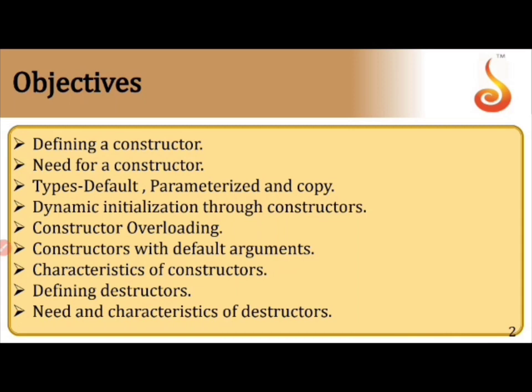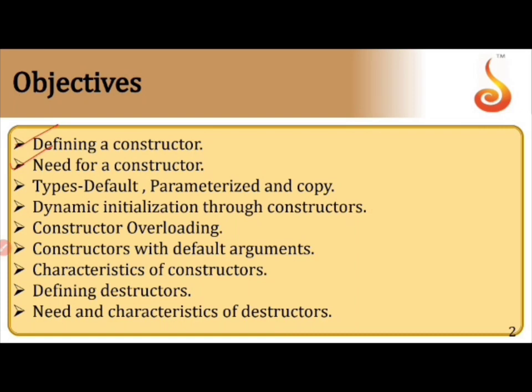We'll start with the objectives, like what are we going to study in this chapter. First is defining a constructor. Like first we should know the definition and then how to write it, and why do I need it, that is also very very important. Then the different types of constructor, that is default, parameterized and copy constructors.